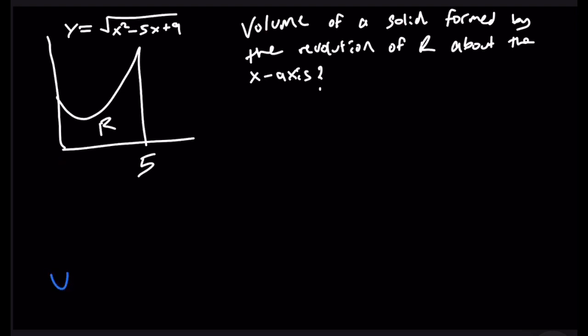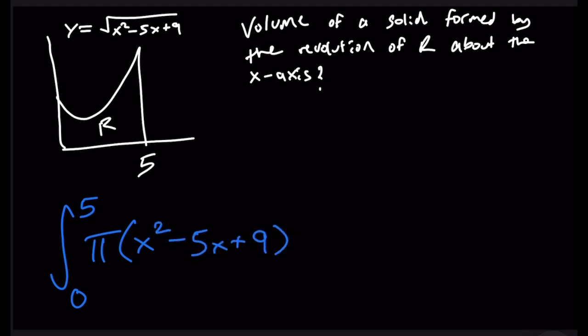So the integral from 0 to 5 of pi times r squared, which will be x squared minus 5x plus 9. This is just because we're treating each revolution as a circle. Just going to add that up, dx, and this computes to be about 75.9. Yeah, 75.9. All right, moving on.